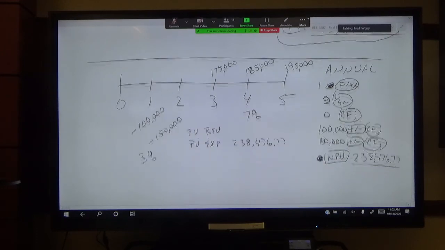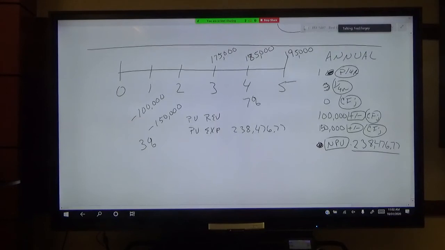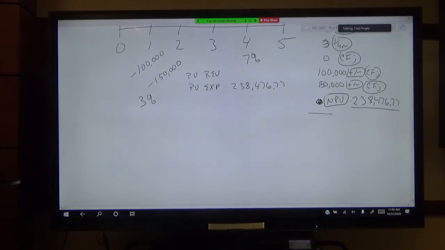Now, for this next one, clear everything out. Here we're going to have 7% as our discount rate. But here's what we're going to have to do. We're going to have to say 0 as cash flow for time period 0, 0 for cash flow 1, 0 for cash flow 2.